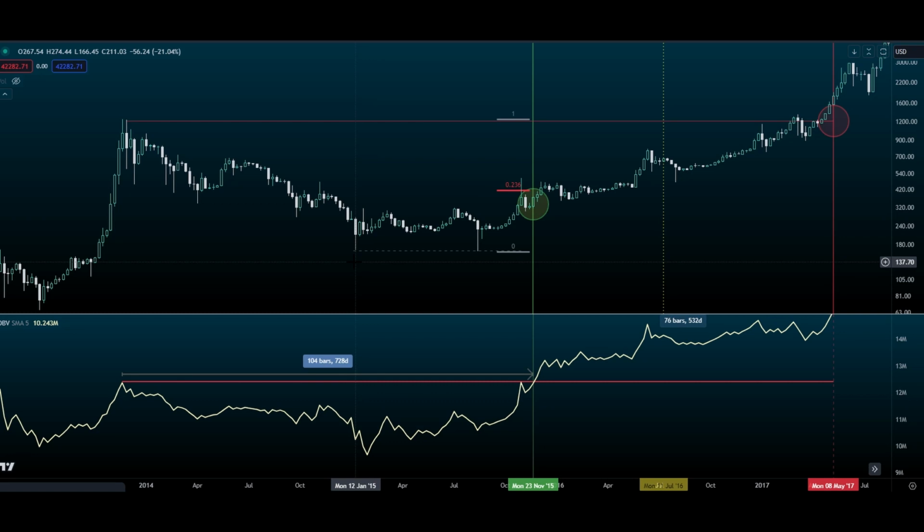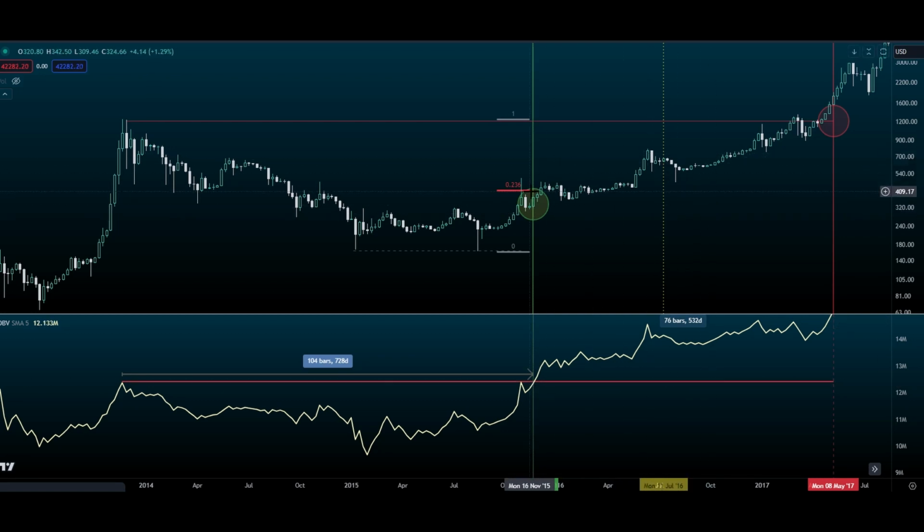After we had just had the 2014 bear market, we went into our accumulation phase before running up to the 0.236 Fibonacci retracement, and it wasn't long after that moment that the OBV took us into an all-time high.